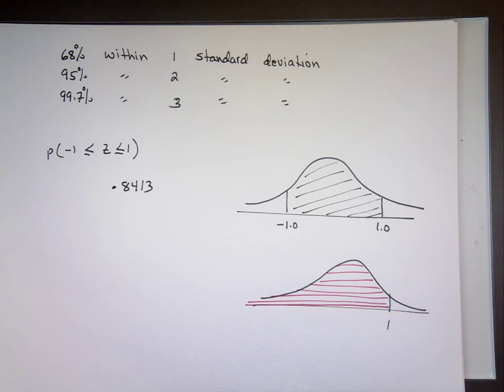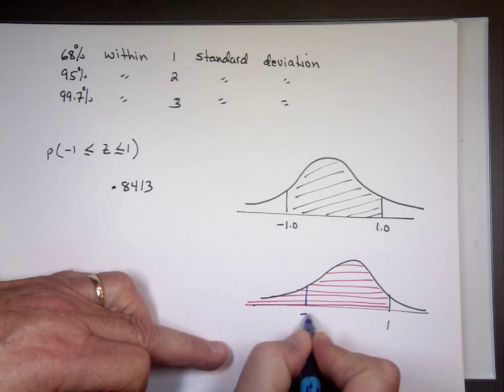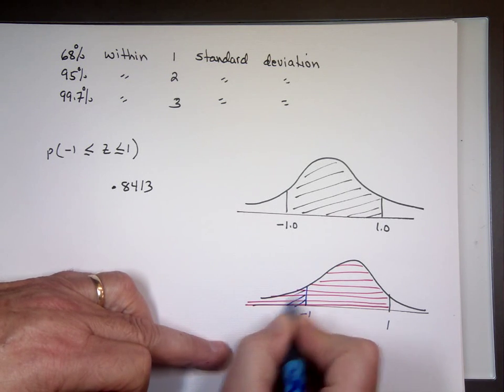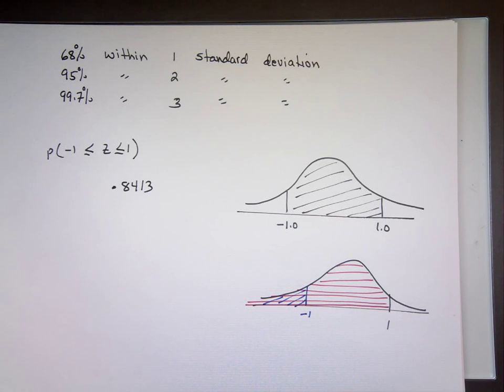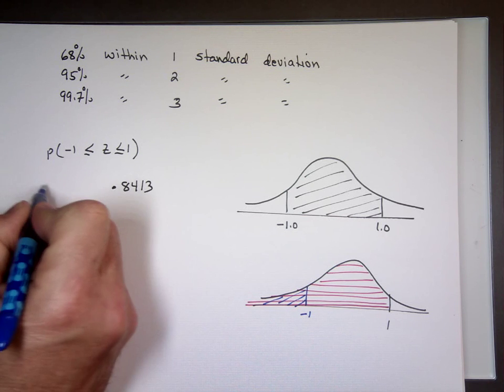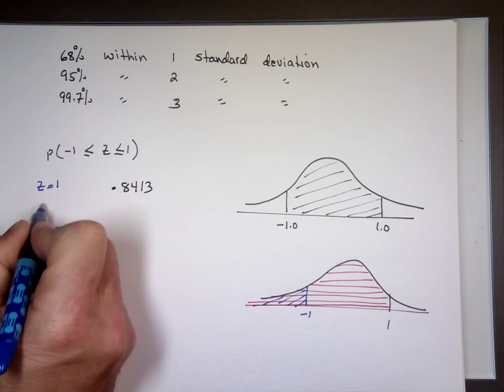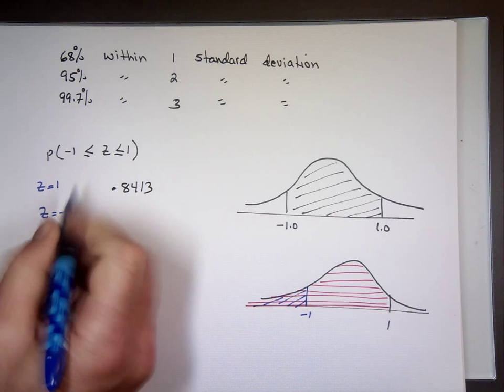So now I got to look at the minus 1, and the minus 1 gives me that number. And if I subtract them, do I get what's in between them? So this is z equals 1. Let's look at z equals minus 1, and let's subtract them after.